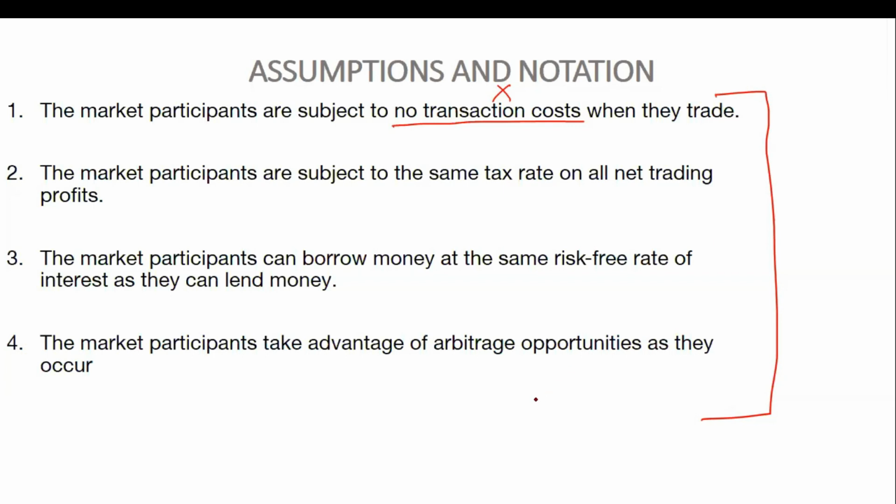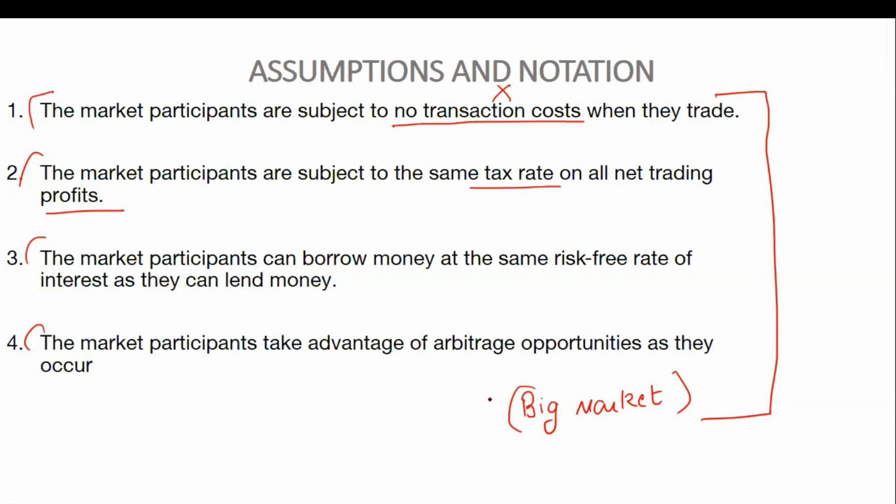And who are these traders? They are the big market players. And these are the players who actually move the market because of their buying and selling. So just assume that these assumptions are applicable for these people, big market players, okay? So are they subject to transaction cost? Rarely. Market participants are subject to the same tax rate on all net trading profits.